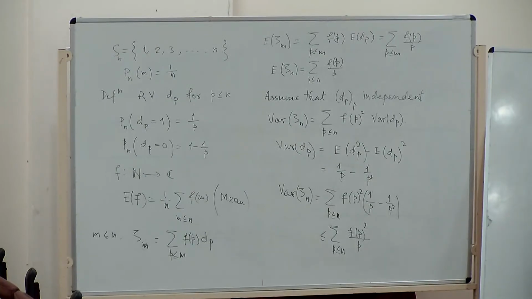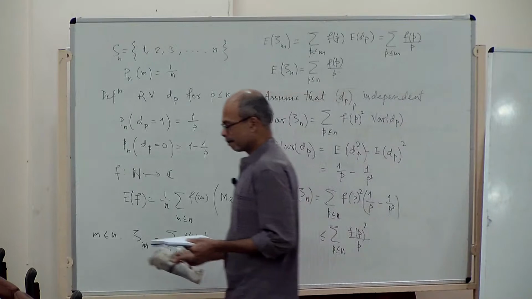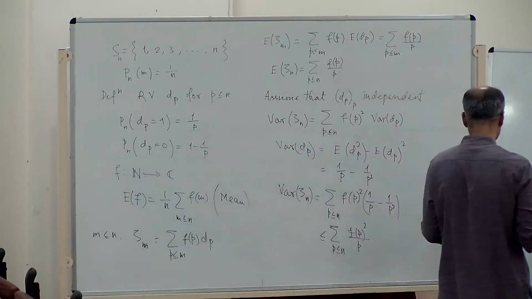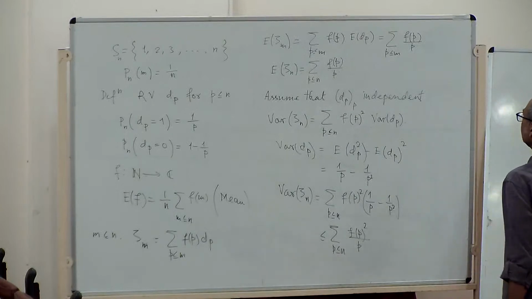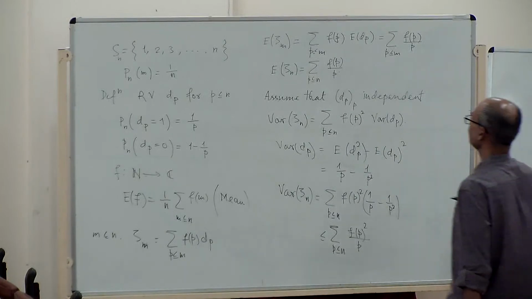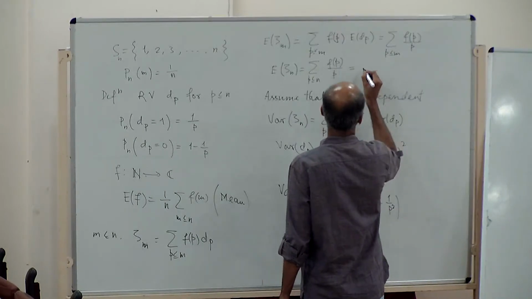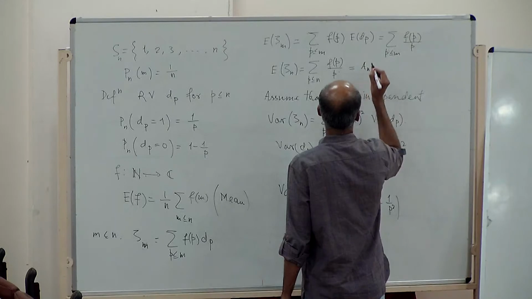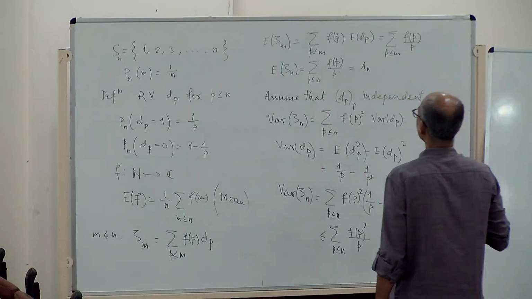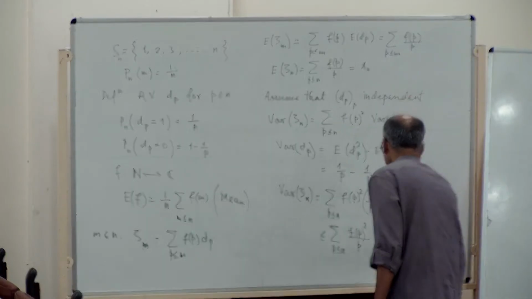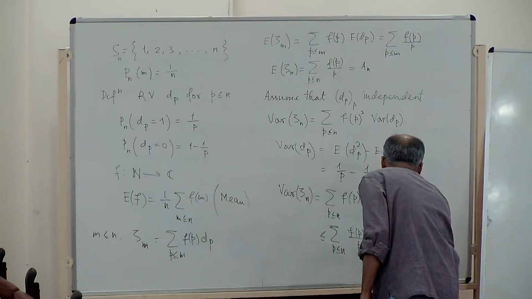Yeah, so we will come back to the real world, but we need some more things from the probabilistic model. At this point let us give some names. This we are going to call AN, and this is going to be BN.